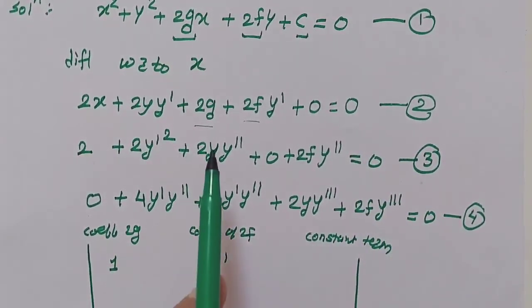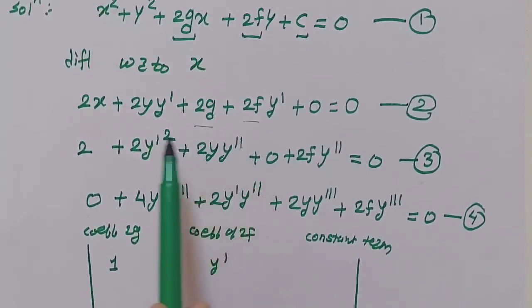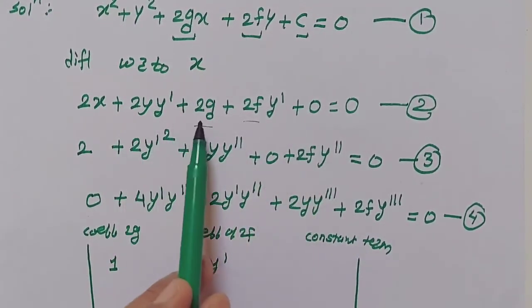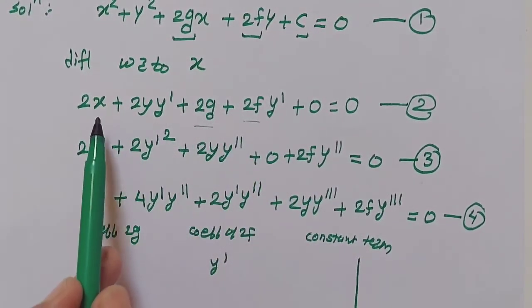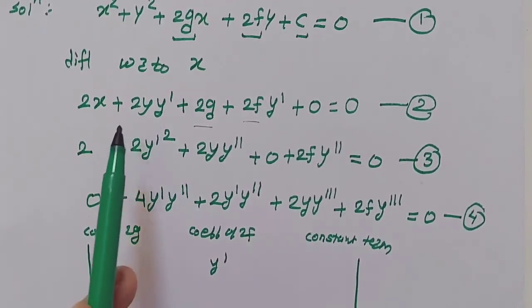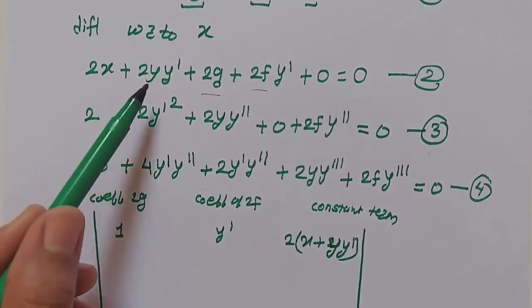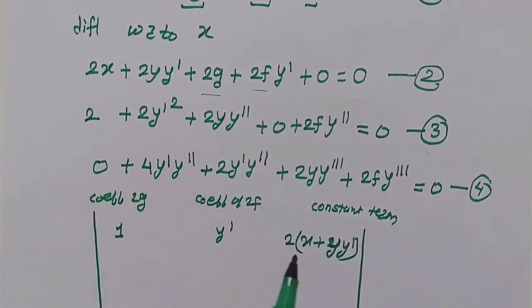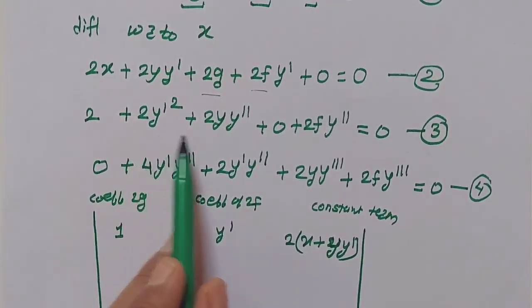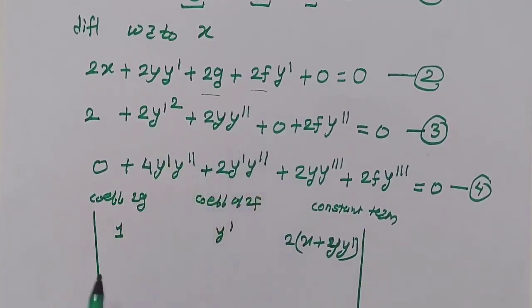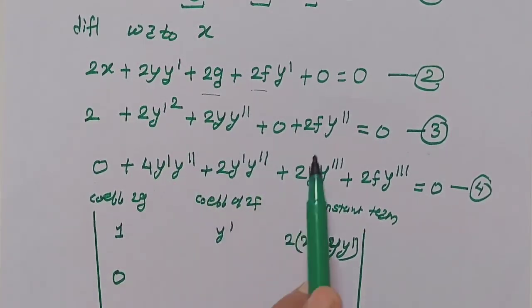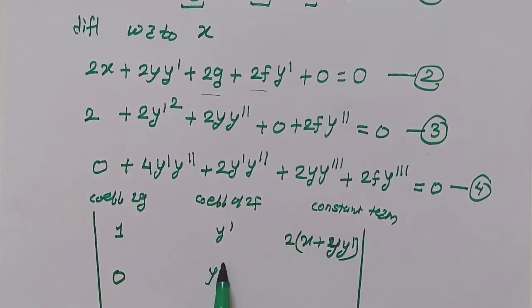If we leave out f and g, then the remaining term is our constant term. So from this equation it is 2x + 2y y', this one. Now from the next equation, the coefficient of 2g is absent, that means the coefficient is 0. The coefficient of 2f is y'' and next is the constant term.